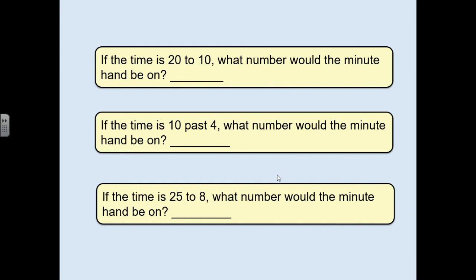Pause the video here and please have a go at it. Right, let's have a look. If the time is 20 to 10, the minute hand would be on number 8. If the time is 10 past 4, the minute hand would be on 2. If the time is 25 to 8, the minute hand would be on 7.